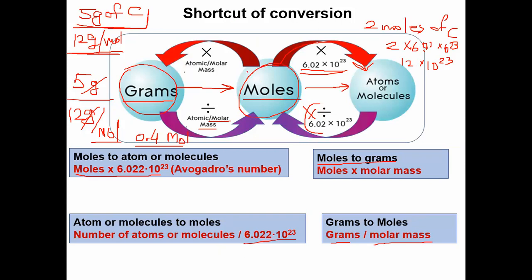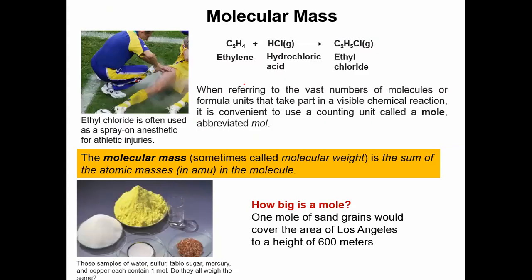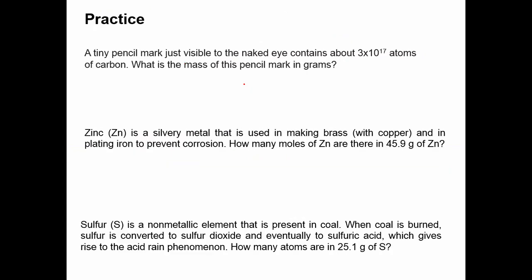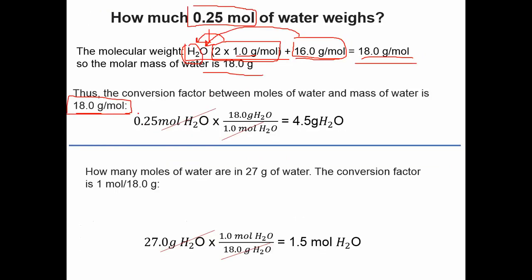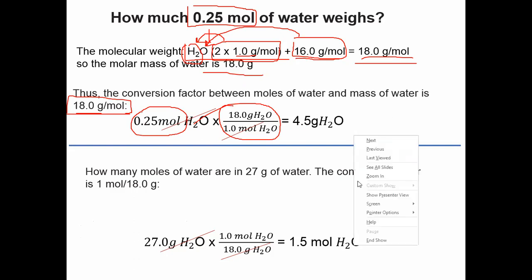So what we need to do is multiply moles by molar mass. It means we need to multiply the number of moles by molar mass, and we'll find out that this is 4.5 gram of water.